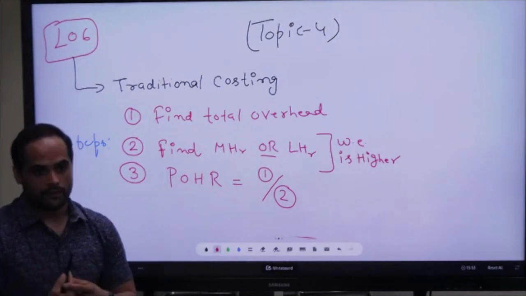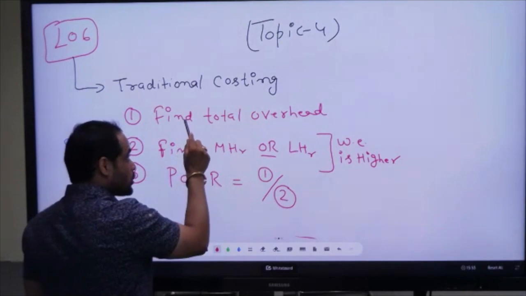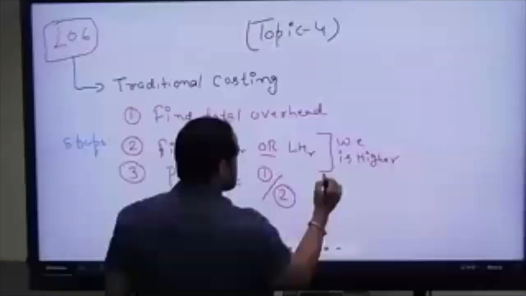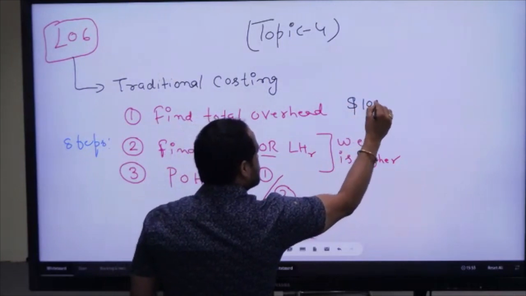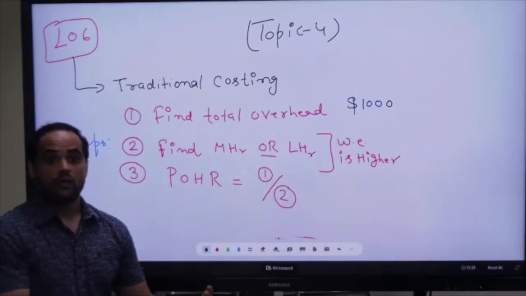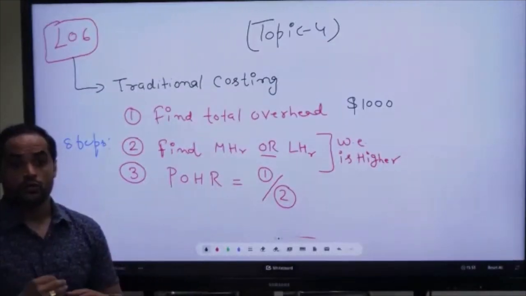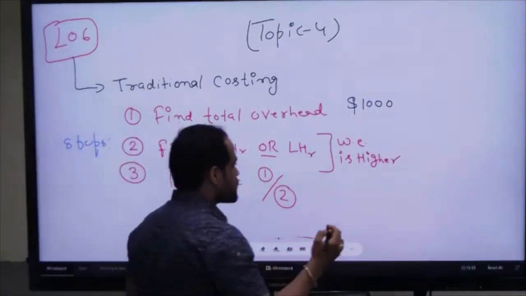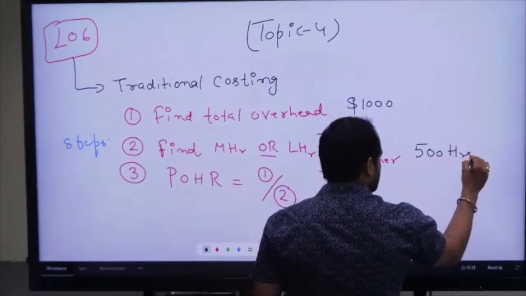So for example, my total overhead is, let's say, 1,000, and machine hours 500 and labor hours 300. So we choose machine hours, which is 500 hours.